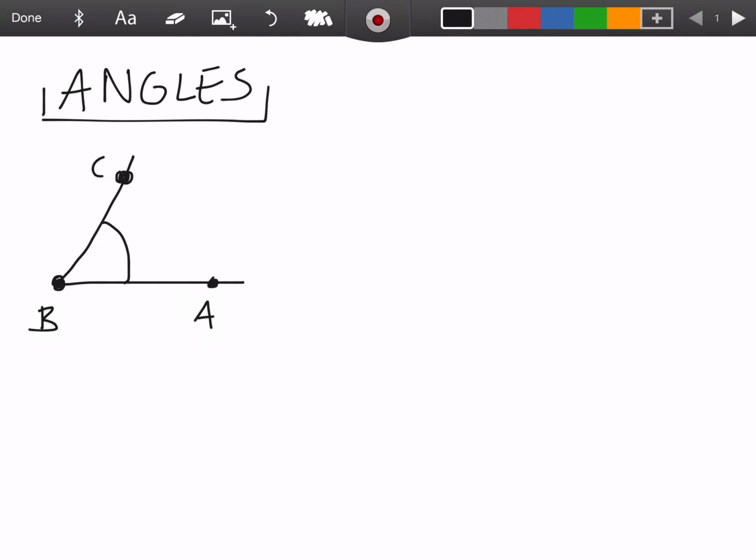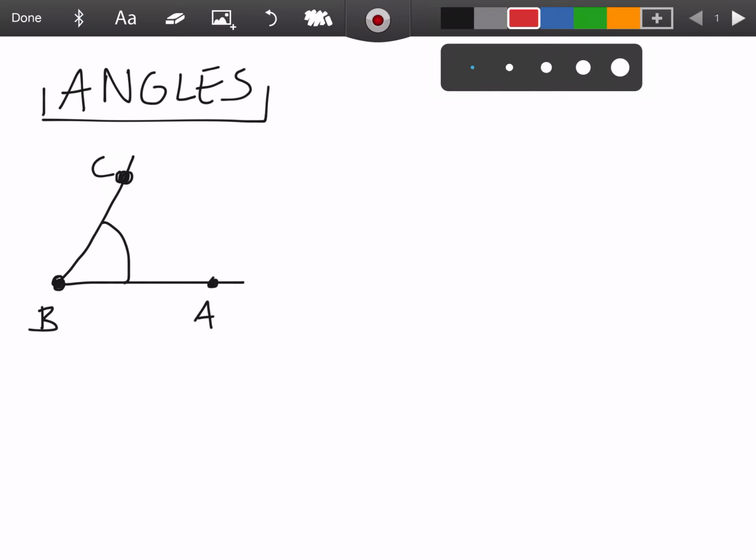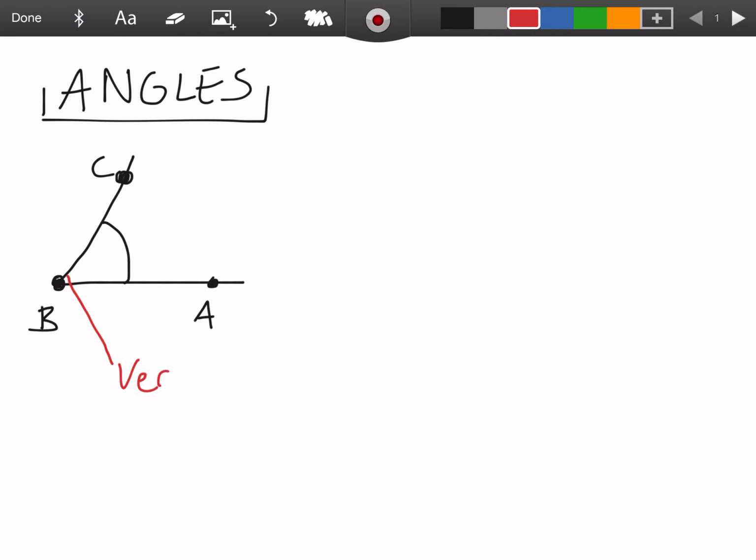We've got A, B and C as 3 points. We would call B, or the point B, the vertex. The point which is the center of the angle is the vertex, and if we've got more than one of those, the plural is vertices.